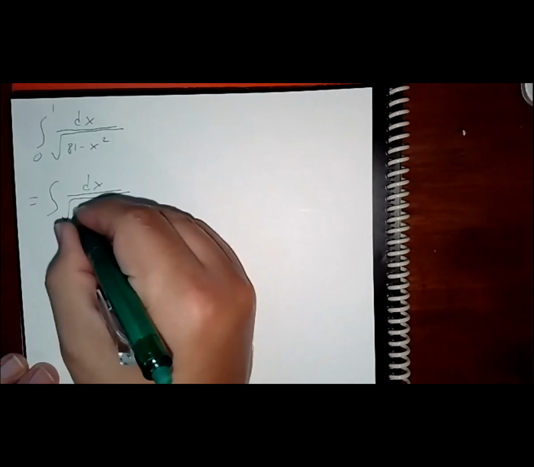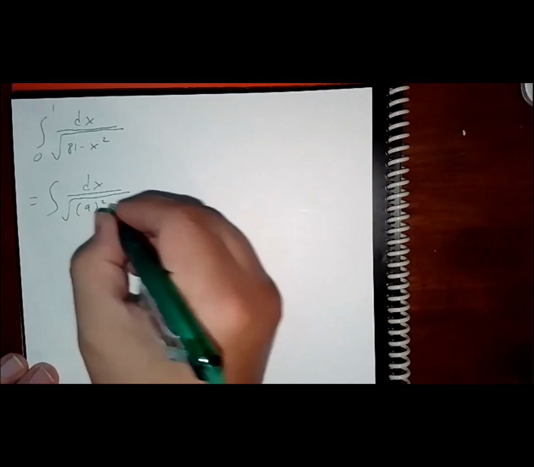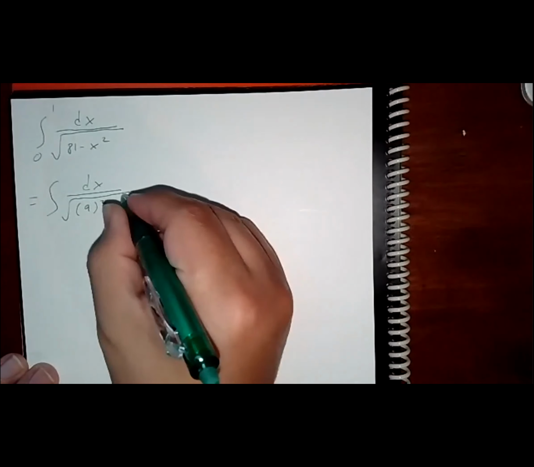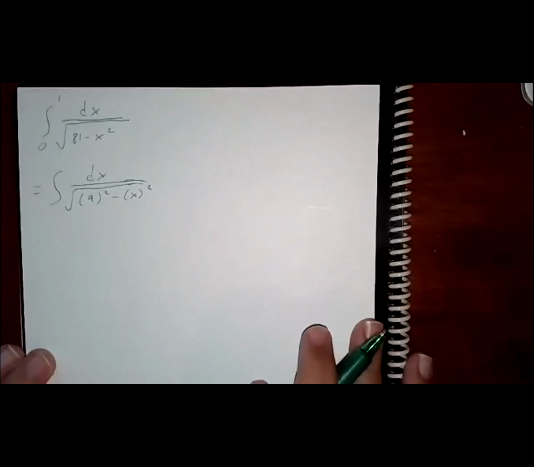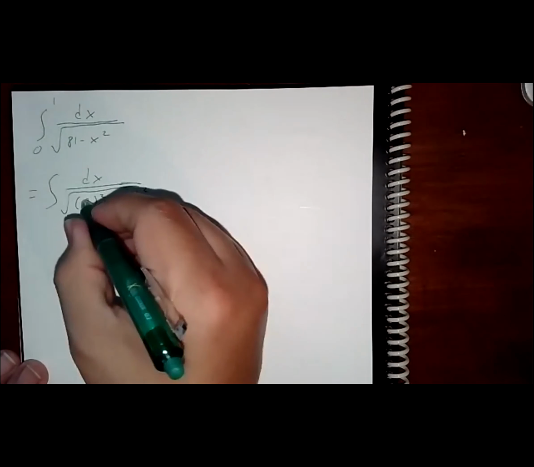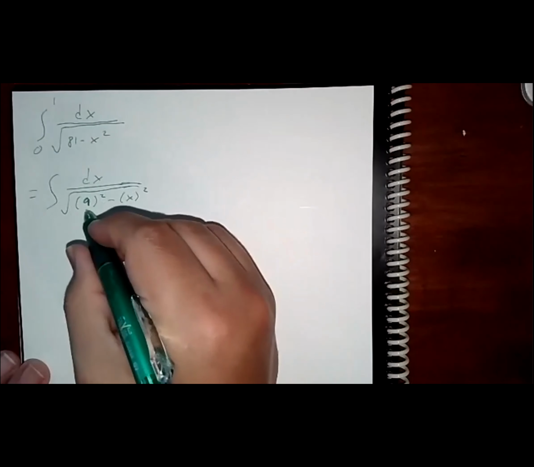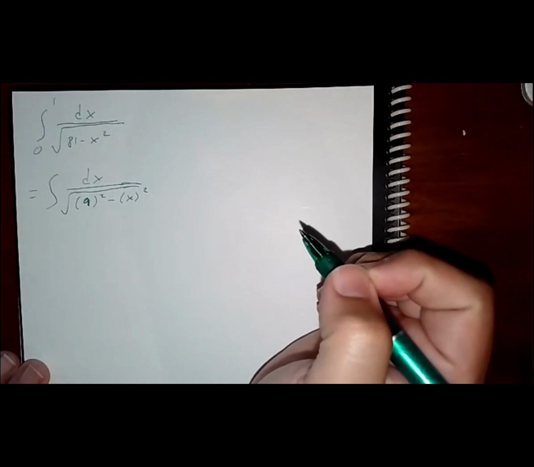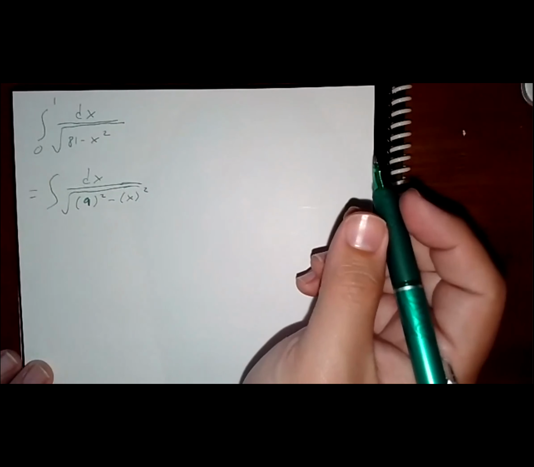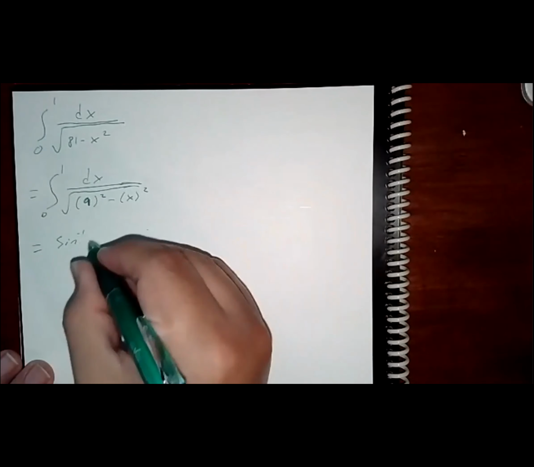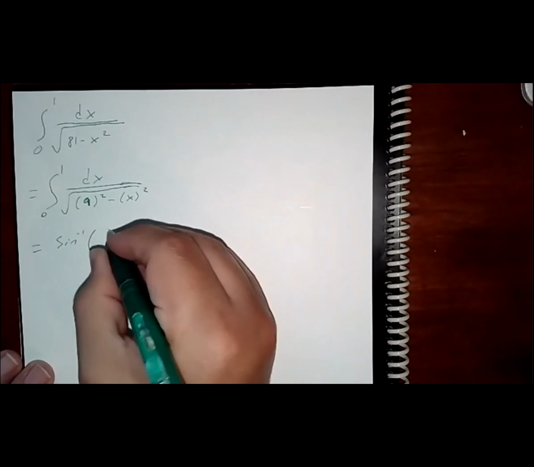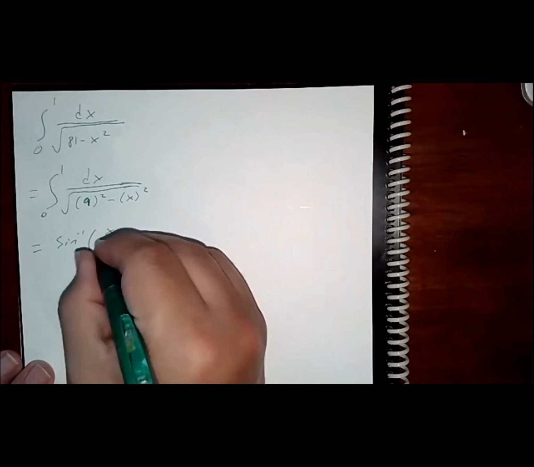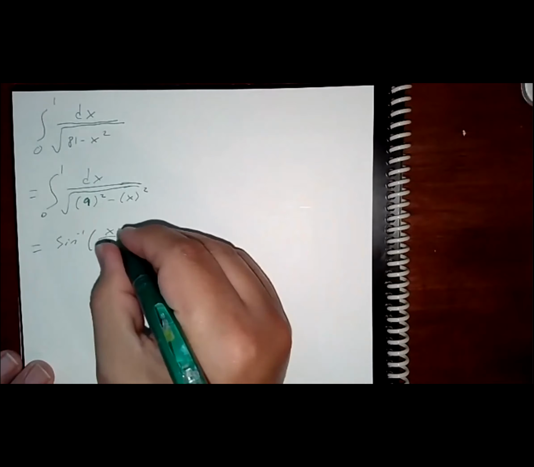You first have to identify that it's a sine type, and then you rewrite it. So this is my A. It's a 9, but in the formula, this is like an A and an X or an A and a U, I forget. When you apply the formula, this is going to be sine inverse of U or X over the A, which is 9.